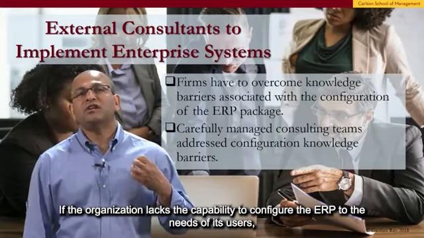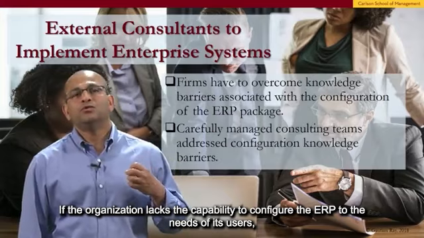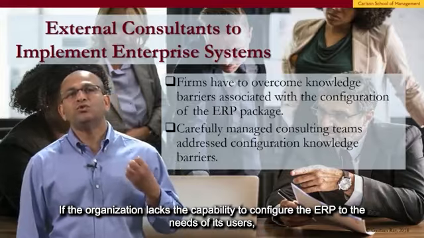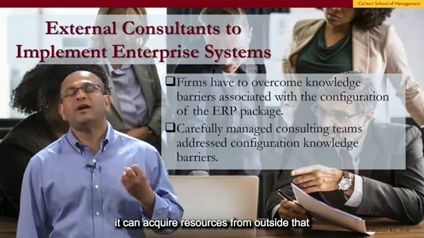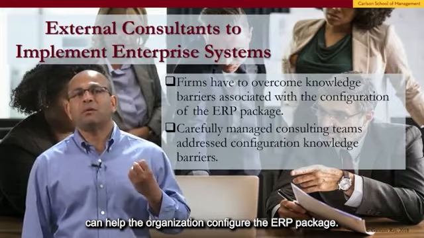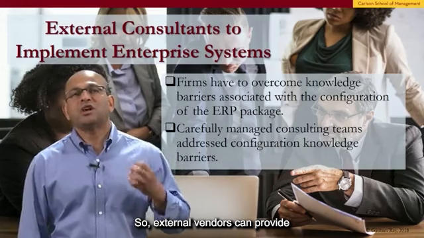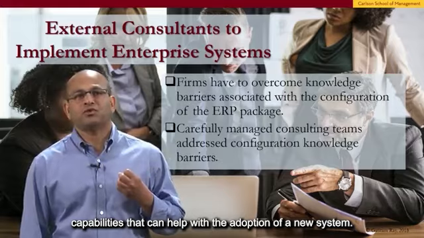If the organization lacks the capability to configure the ERP to the needs of its users, it can acquire resources from outside that can help the organization configure the ERP package. So external vendors can provide capabilities that can help with the adoption of a new system.